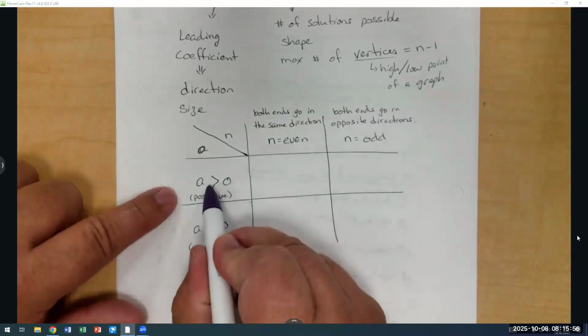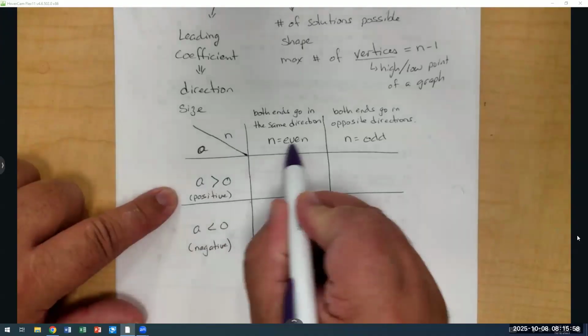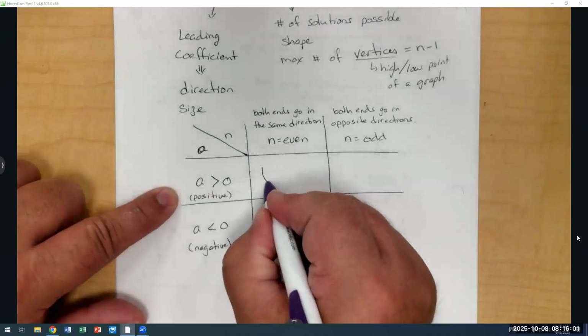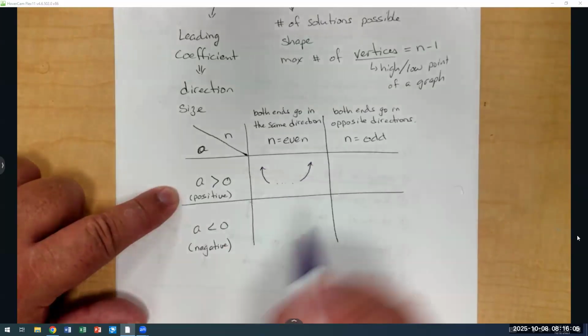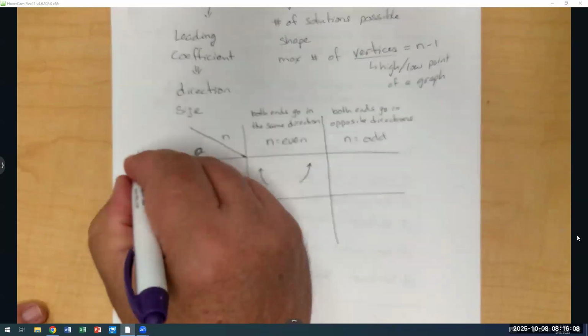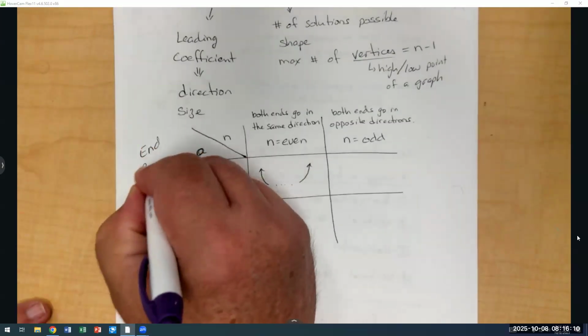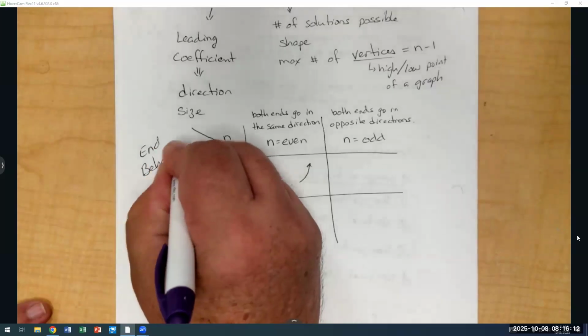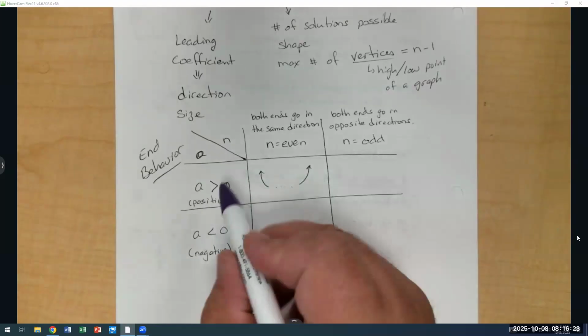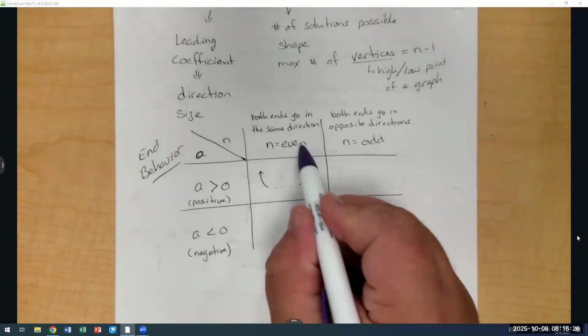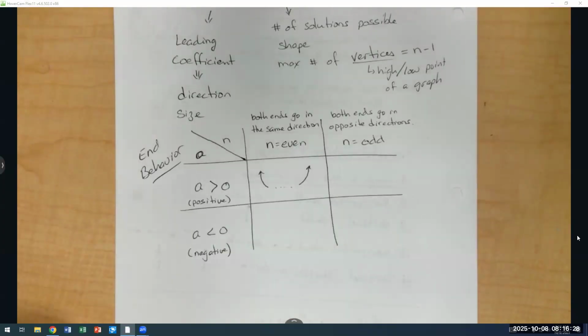So if A is positive and n is even, the graph will look like this at the end. This is what's called end behavior. This is what the ends of the graph will look like. If the leading coefficient A is positive and n is even, we know both ends go the same direction.